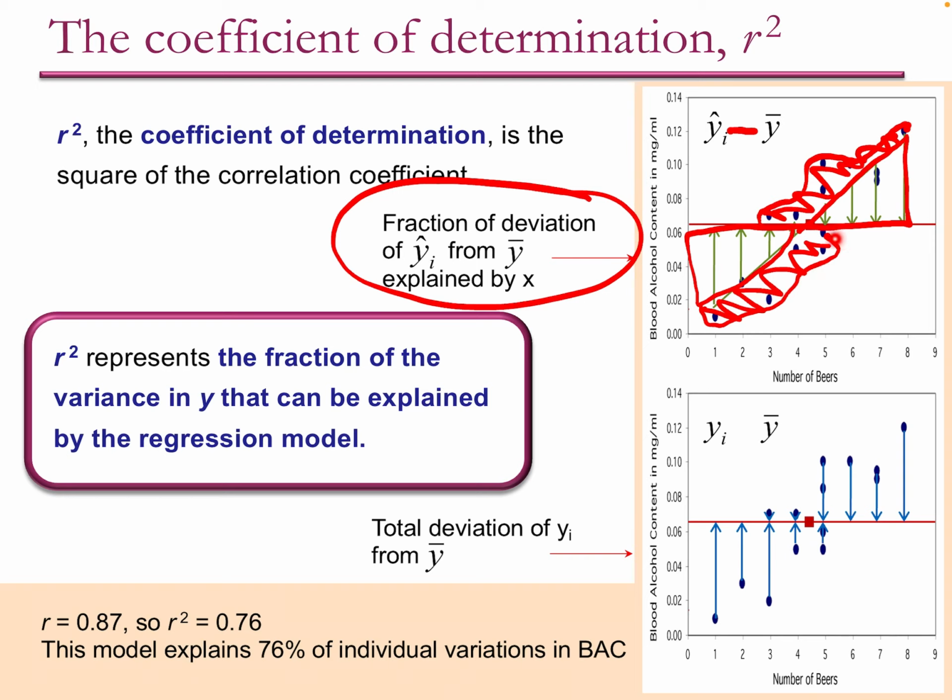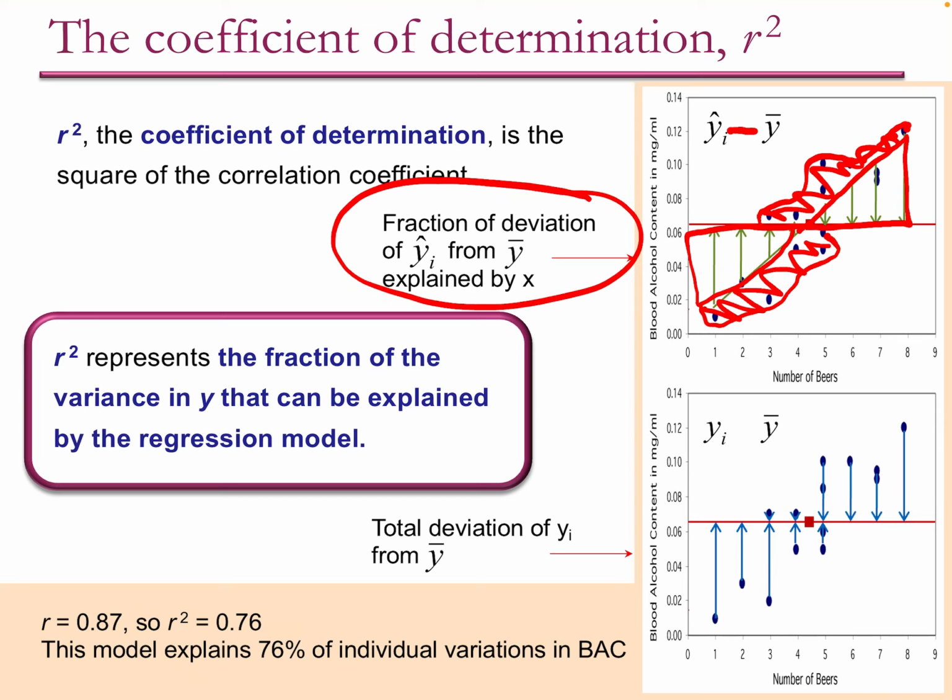So this is variation having to do with, for example, body weight, metabolic rate, whether or not somebody ate a meal before they started drinking, that kind of thing. It's only this variation between our average of Y and our regression line that can be explained by the model. R squared is that proportion, okay?